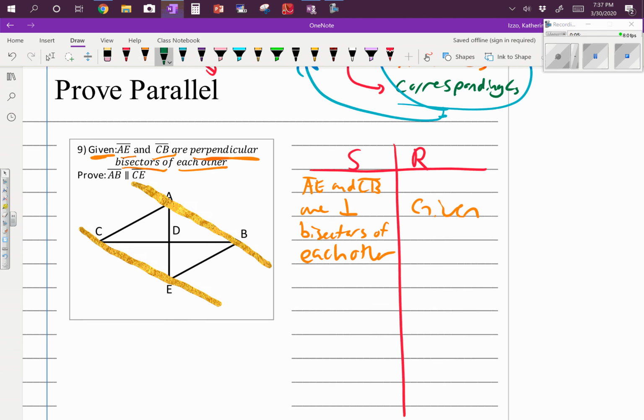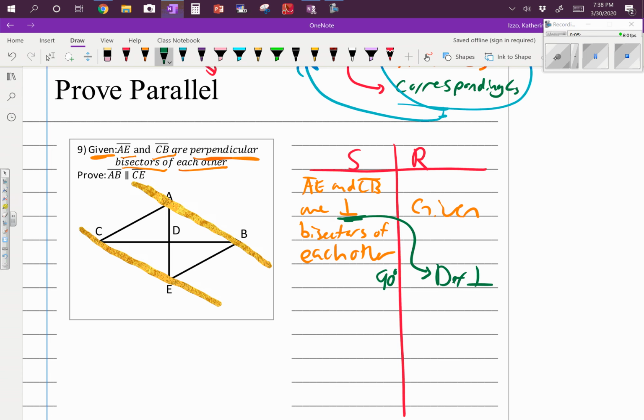So let's start with perpendicular. First thing, we've got a vocabulary word, so we need to do definition of that vocabulary word. Definition of perpendicular automatically means 90 degrees somewhere. There's a 90-degree angle somewhere, we just need to find it.